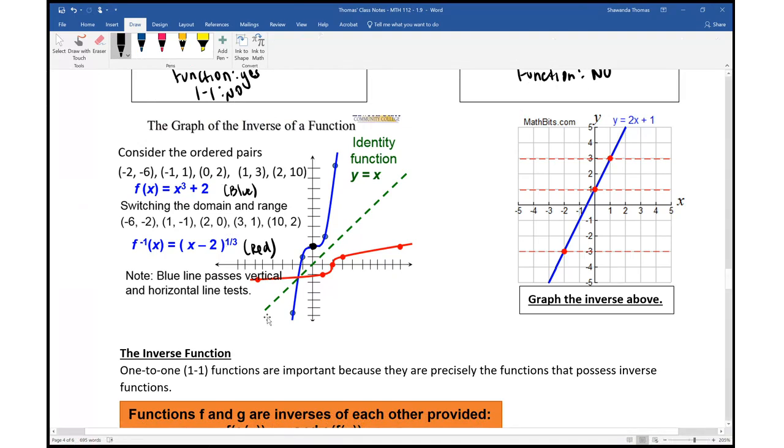So for this function, y equals 2x plus 1 on the right here, if I ask you to graph the inverse function, then you shouldn't have a problem. All you have to do is identify points on this y equals 2x plus 1 graph, like 1, 3, like 0, 1. These are not the only ones, but these are the ones that are highlighted in red.